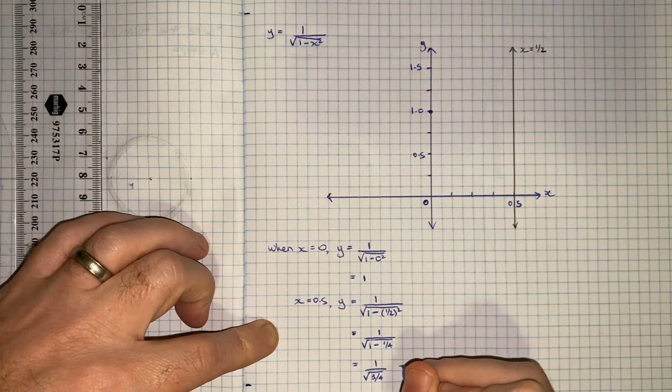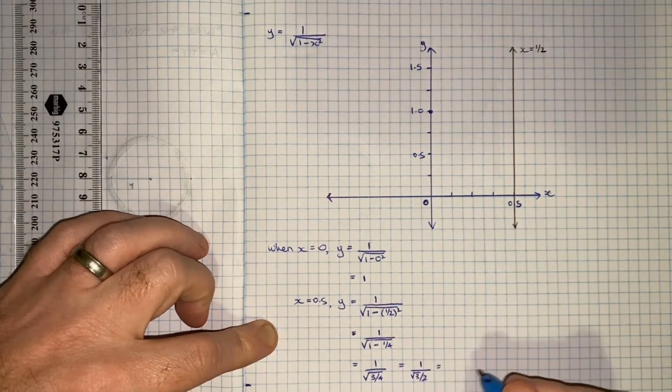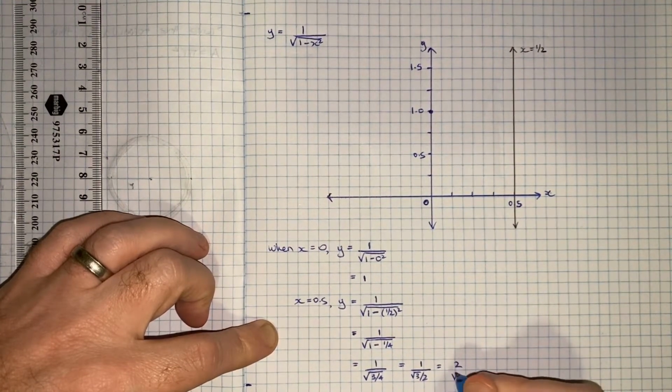So that is going to be 1 on root 3 on 2, which I can just write as 2 on root 3.